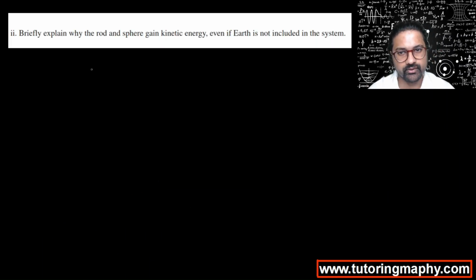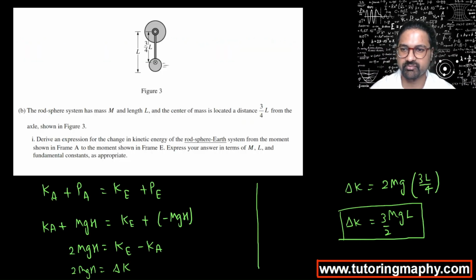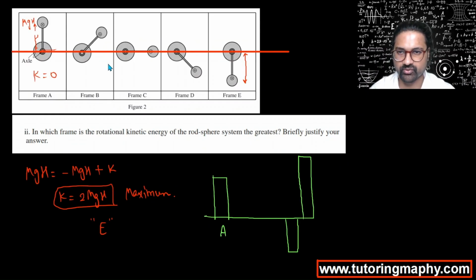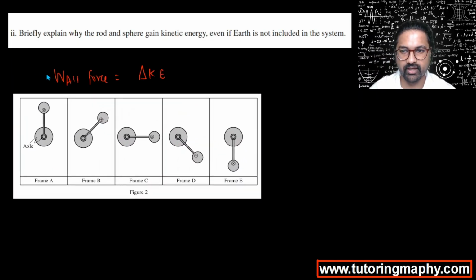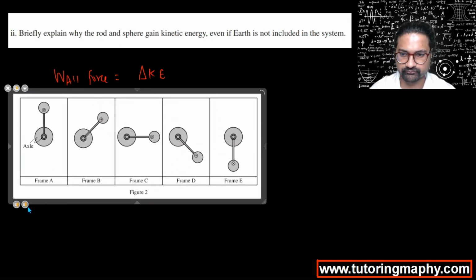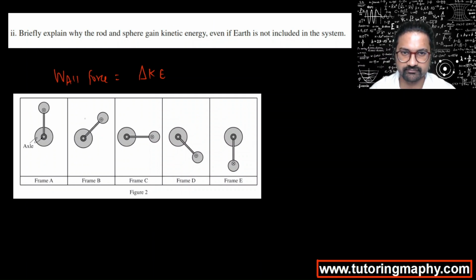However, notice the work-energy theorem, if you remember. Work done by all the forces is the change in kinetic energy. Now mg is an external force, and let me borrow this image once again. Okay, now mg is an external force and mg is acting down like this continuously.